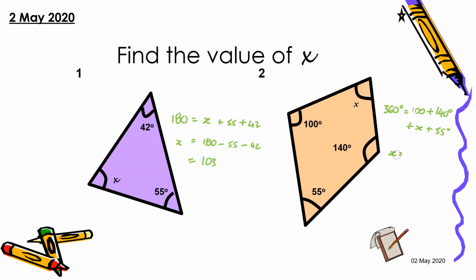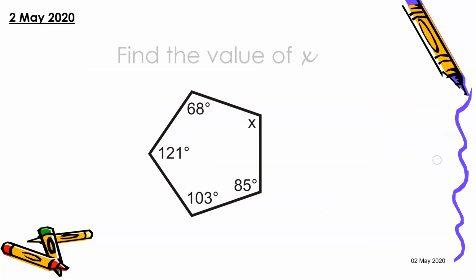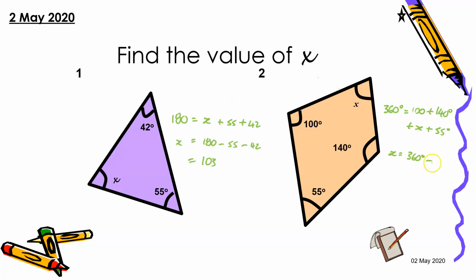So x must be equal to 360 take away 295, which means x must be equal to 65 degrees. And that's because I know what the internal angles add up to.